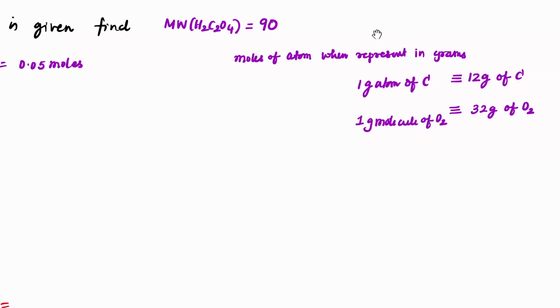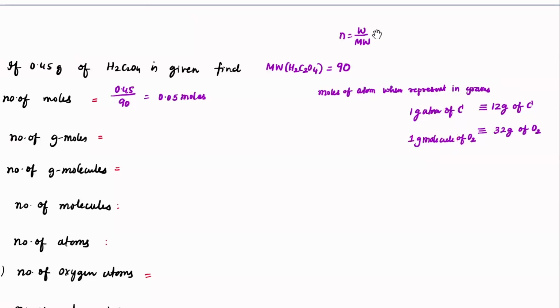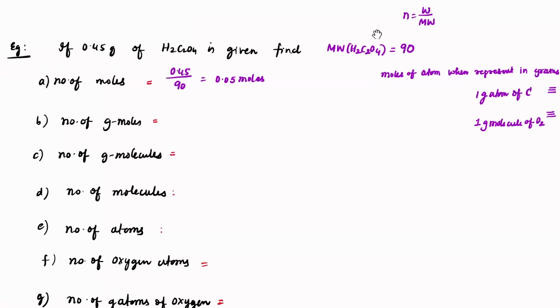Correct? So this is an alternative name for mole. That's all. Gram atom or gram molecule is an alternative name for mole. So gram moles here is the same, that is 0.05 moles. Gram molecules, because we are talking about molecules only, that is also 0.05 moles only.